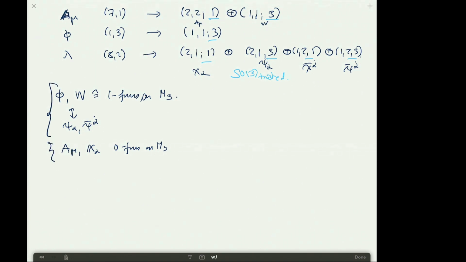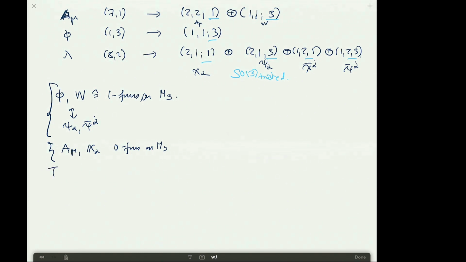Okay, so what we have to determine now is what type of gauge configuration or field configuration along M3 will give us a supersymmetric four-dimensional N=1 theory.